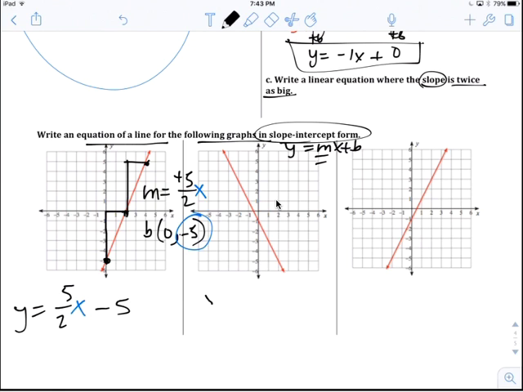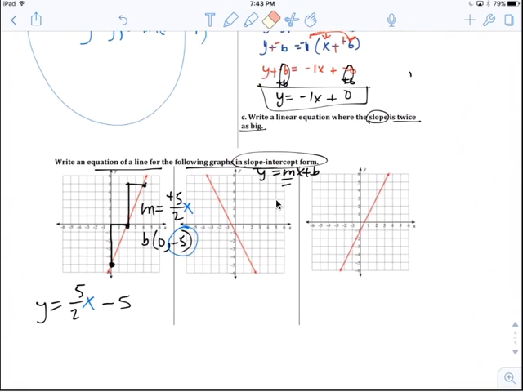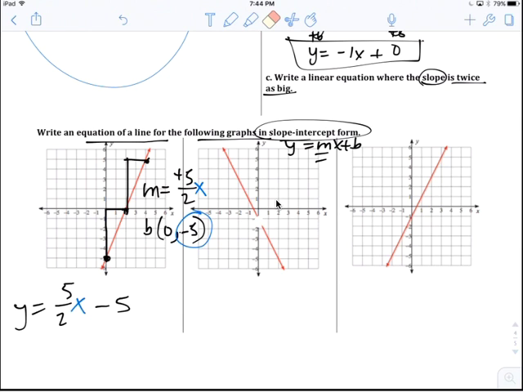Same thing for all the rest. You do the same. Start with the y-intercept. Put the dots down. Y-intercept is 0, negative 1. And then you find the rate of change. Okay. Finish.